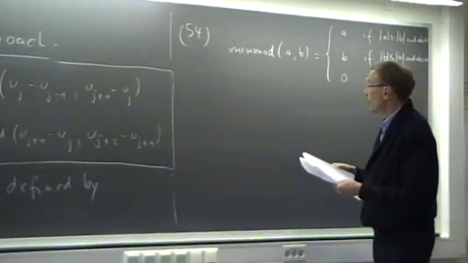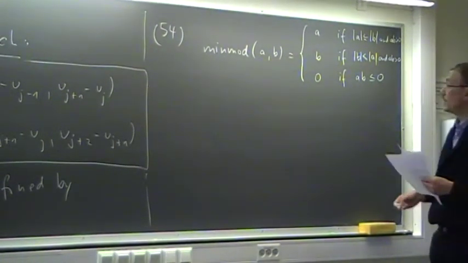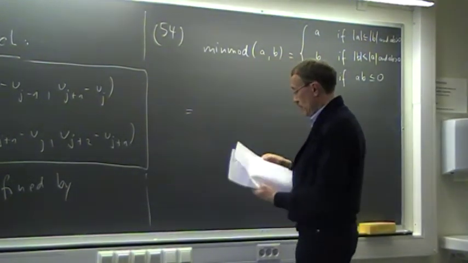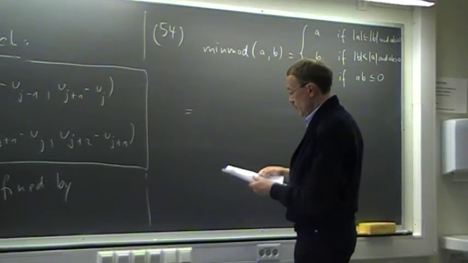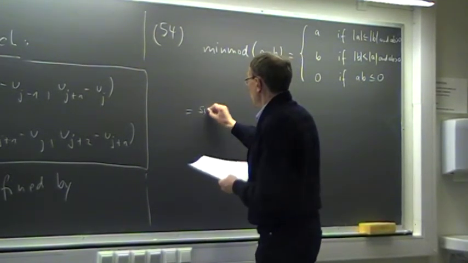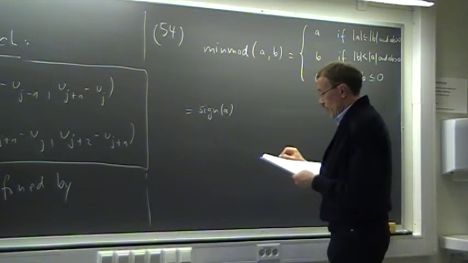Just one remark on this here. We can avoid the if. That is an interesting thing, that we can write this also without the if. That is useful for MATLAB, which doesn't like if so much, like any other programming language. We can do it in the following way.